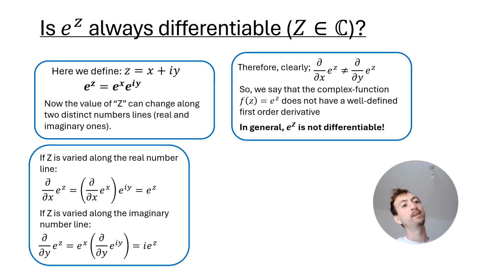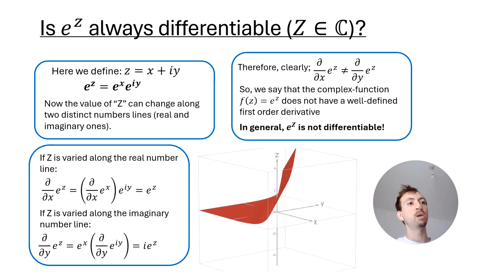But we can get a feeling for how e to the z isn't differentiable by using a kind of real analogue. So here I've sketched a function e to the z is equal to e to the x times e to the y. Now we can imagine replacing y with i times y, and we'll be getting our complex function e to the z.